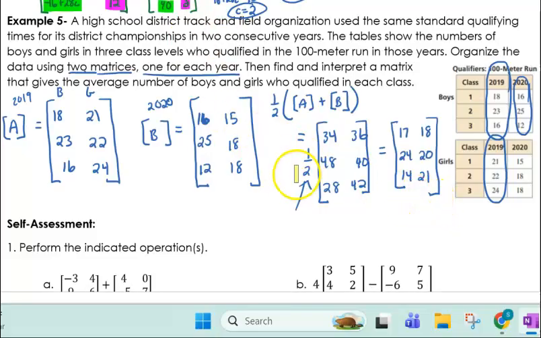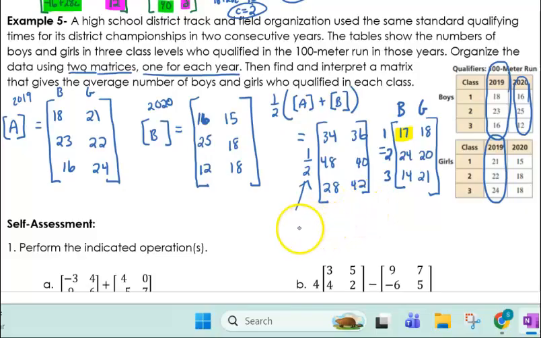Now it does want me to interpret, so let me just give you an example of one of them. Let's just do 17. 17 is in the boys column, and it's in class 1. So you have the boys column, you have the girls column, class 1, 2, and 3. And the classes are just like the same concept of like 1A, 2A, 3A, 4A, like sizes of schools.